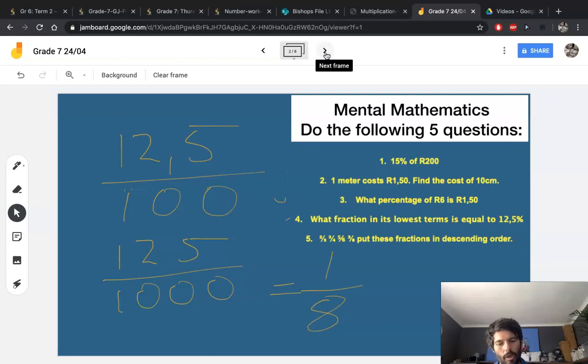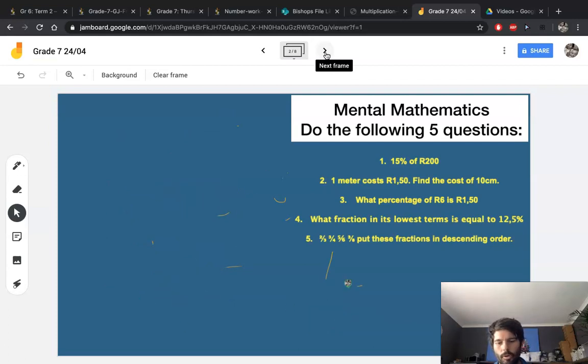Okay, and then your last question is to put these fractions in order. All right, so I've got 2/3, I've got 3/4, 5 over 6, and 3 over 8. And your lowest common denominator of those 4 numbers is going to be 24.